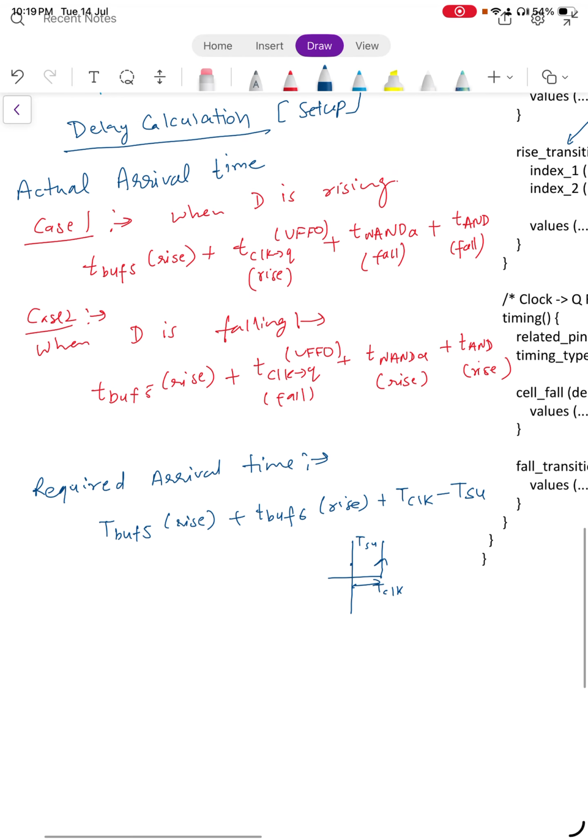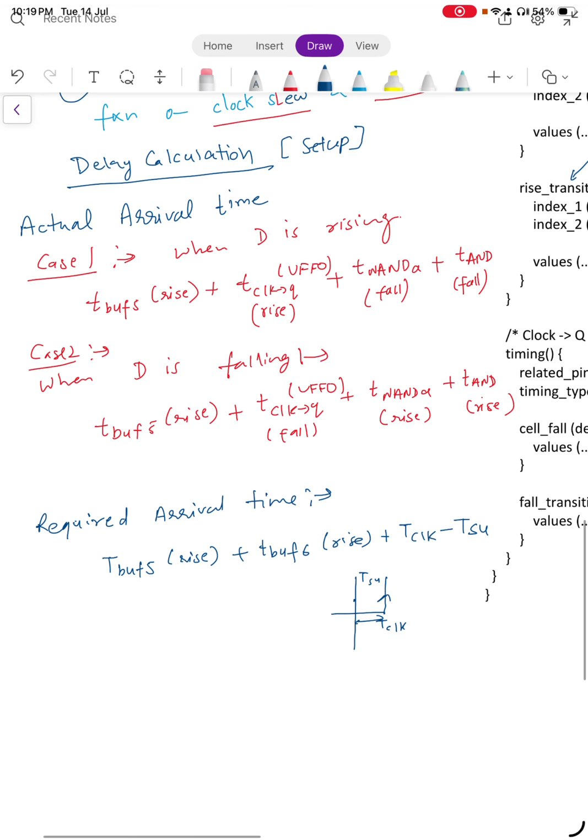So this is how the required arrival time and actual arrival time are calculated.